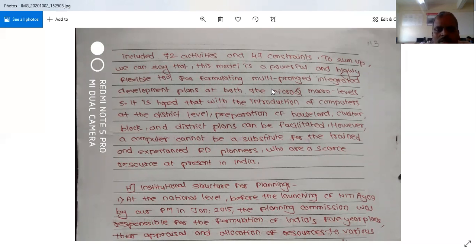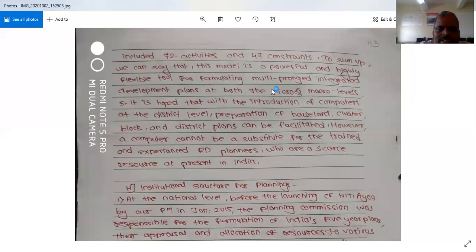That means overall 72 activities are involved in this model in Uttarakhand, out of which 47 constraints were found. Remember one thing, once we are able to find out the constraints, that means the hurdles which come across our implementation of the policy or project, at that time it becomes much easier to solve these constraints or overcome these hurdles.